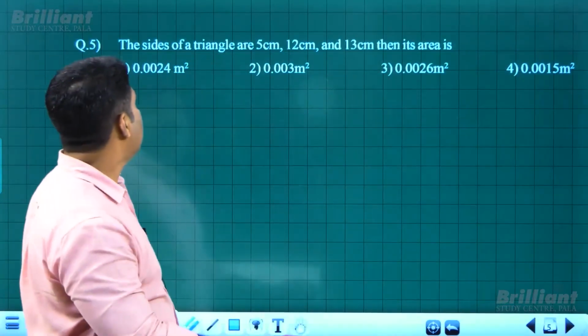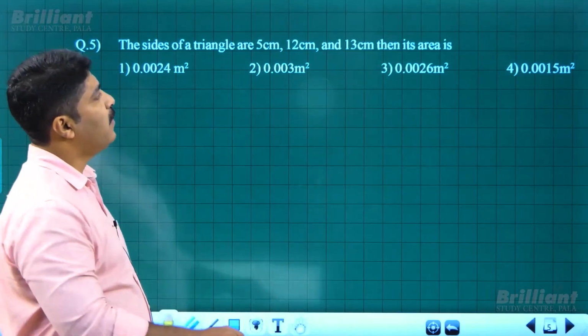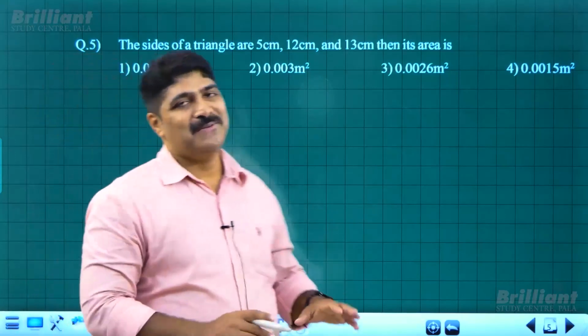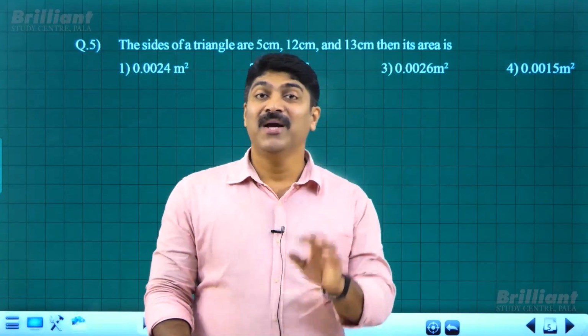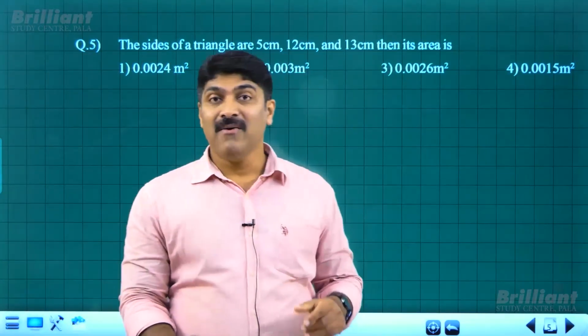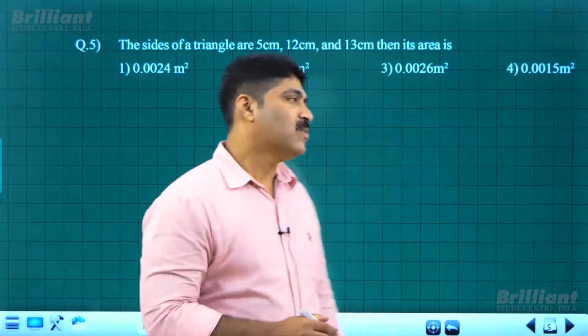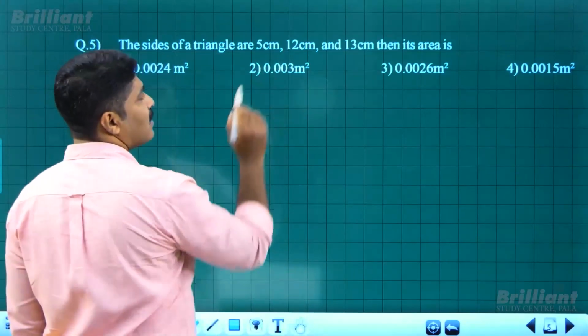Then the next question: the sides of a triangle are 5, 12, 13 centimeter, then its area. What is the speciality of such a triangle if it is 5, 12, 13? Do you have any idea or any familiarity with those set of values? Those values are a Pythagorean triplet.